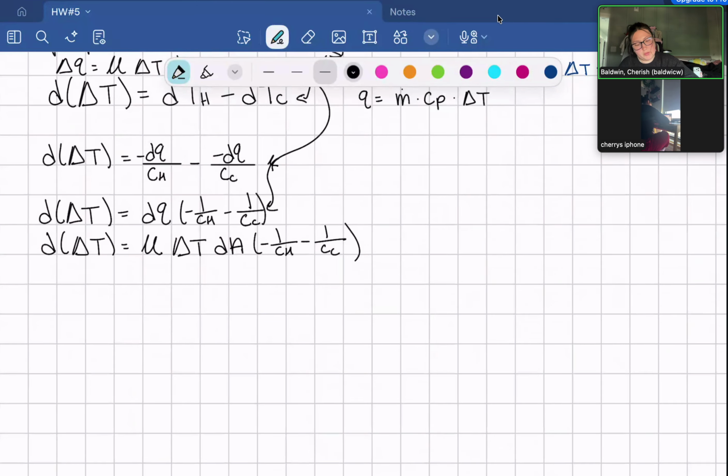And now we want to separate these in terms of temperature and area.